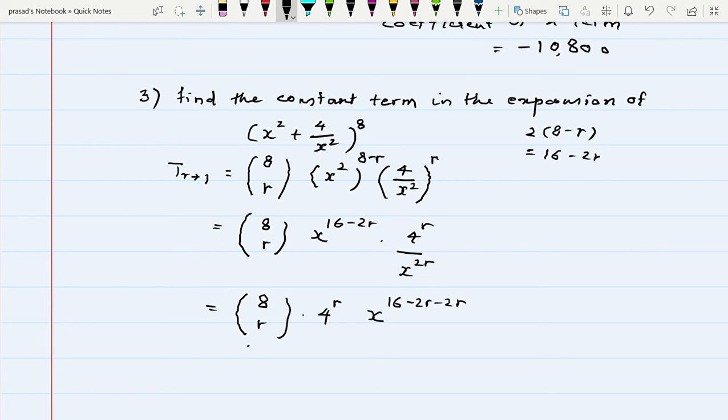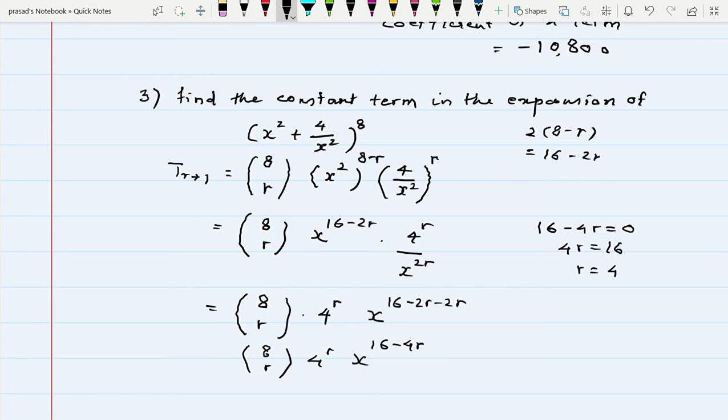So that is 8cr 4 to power r, x to power 16 minus 4r. And since I need the constant term, as I discussed just now, I will equate the total power of x here to 0. That gives me 4r is equal to 16, r is equal to 4.